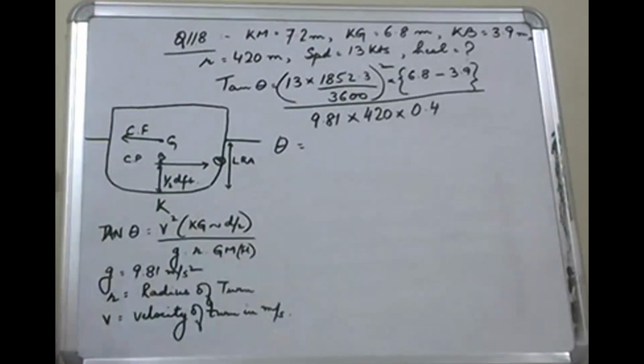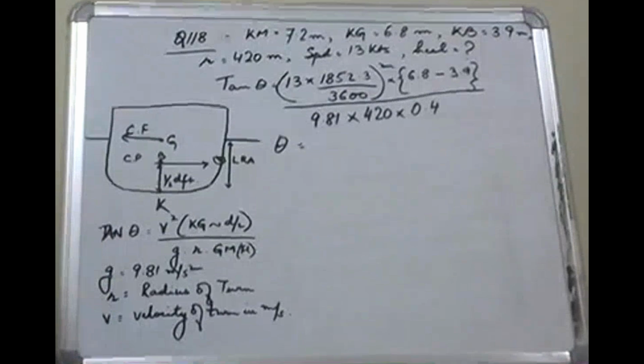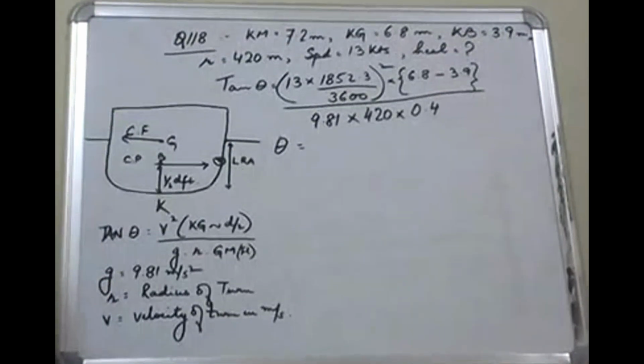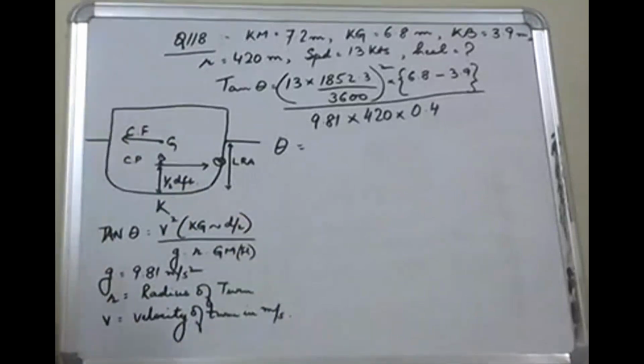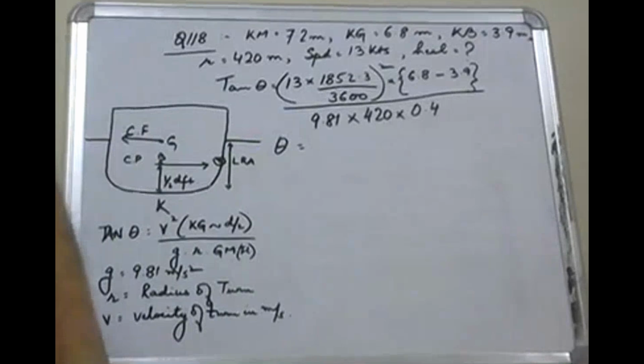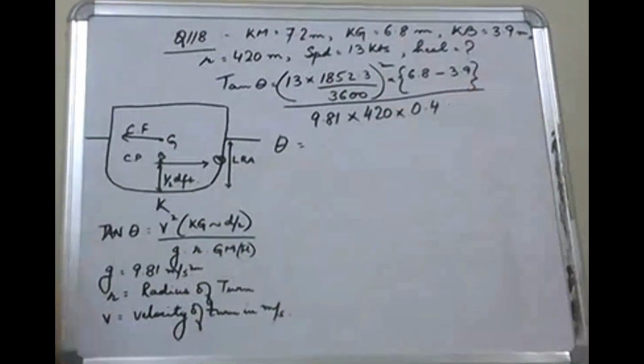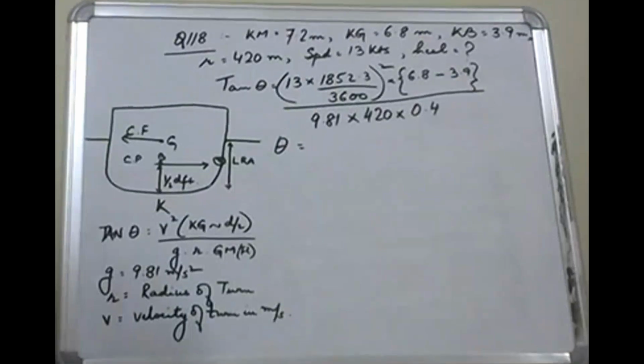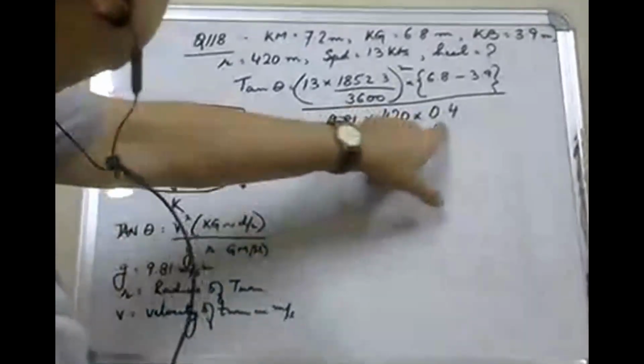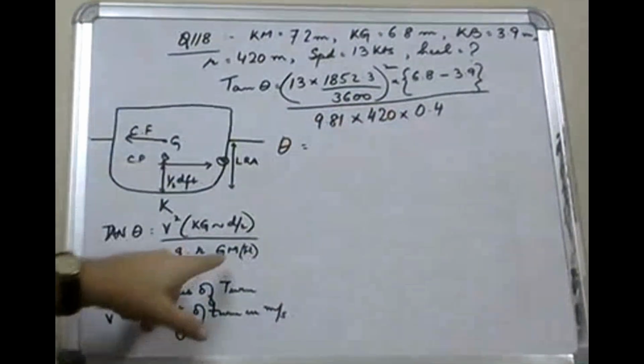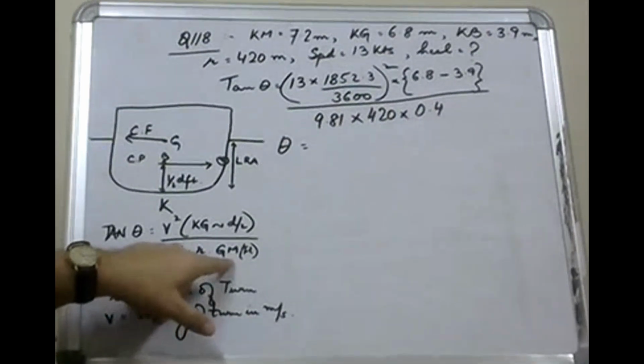How much are you getting? सर 0.4 कैसे आया सर? जीरो पॉइंट फोर कैसे आया? सो मेरे को चाहिए GM. तो GM इज व्हाट?